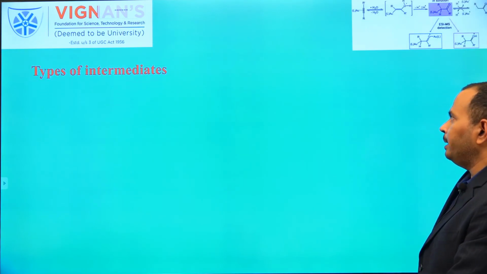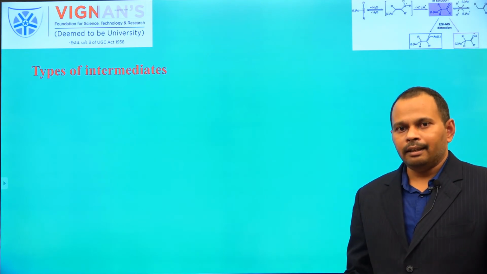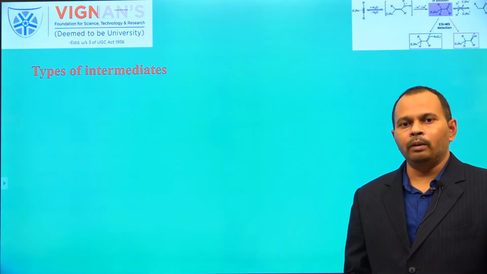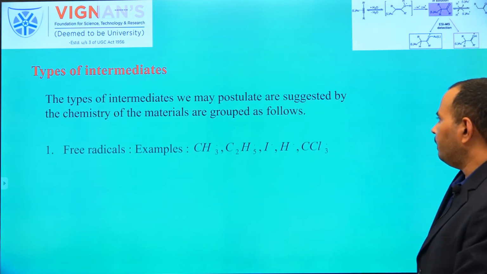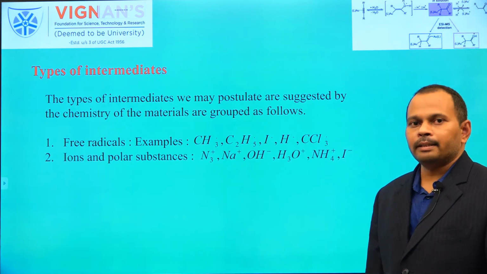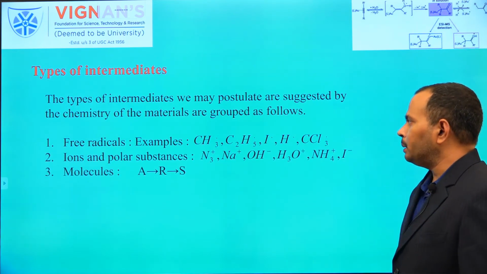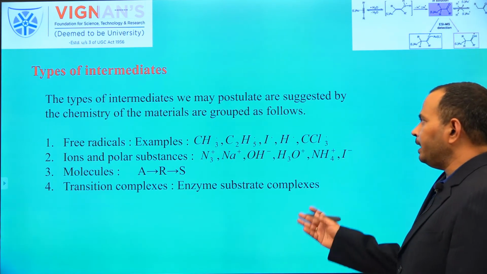So, types of intermediates. The intermediates formed in the non-elementary reaction, as suggested by the chemistry people, are mainly classified into 4 types. First one, free radicals. Second one, ions and polar substances. Third one, molecules. The fourth one, transition complexes. First one, free radicals.